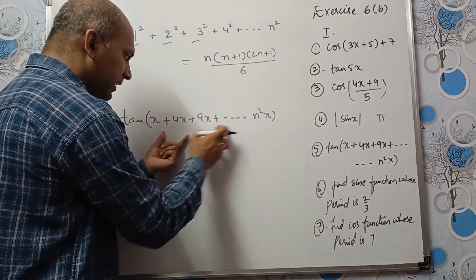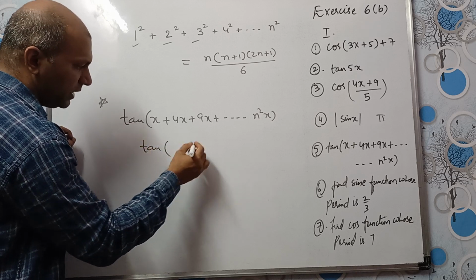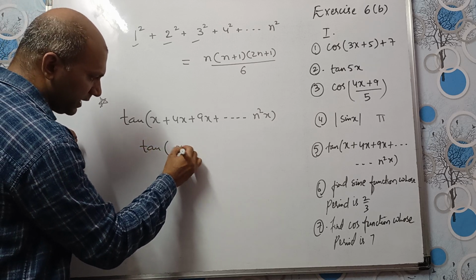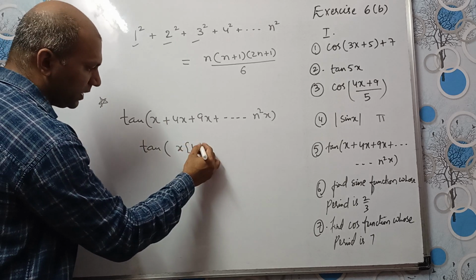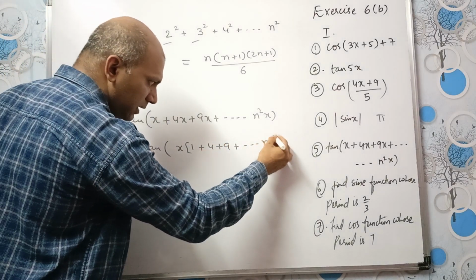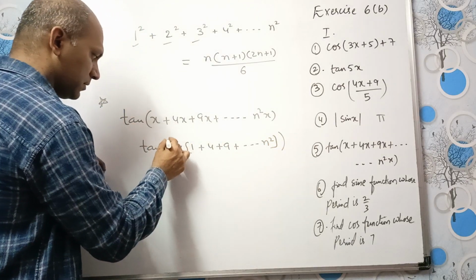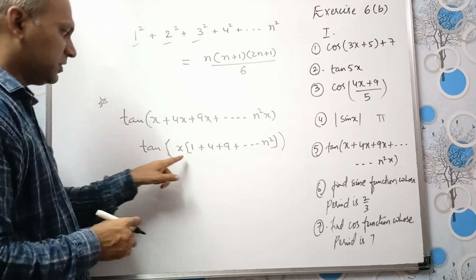So can we take x common from all these terms? See, yes, if you take x common, what will be left here? x multiplied by 1 plus 4 plus 9 plus and so on, n square will be left. Close these brackets. Okay, I hope this is clear.